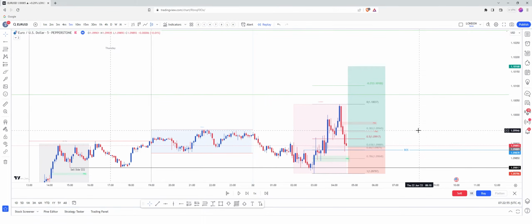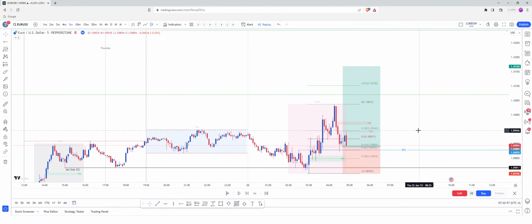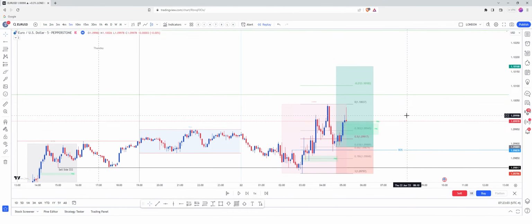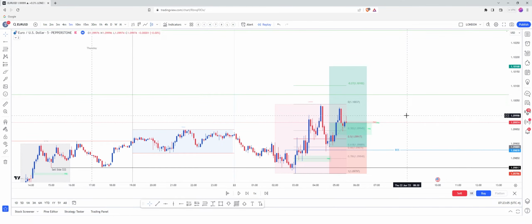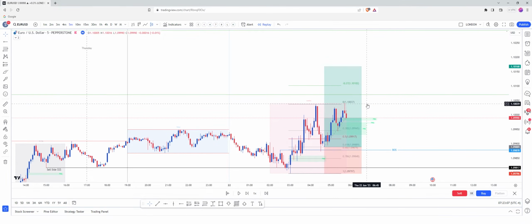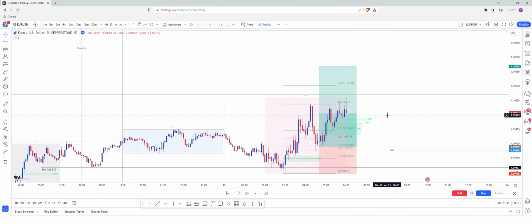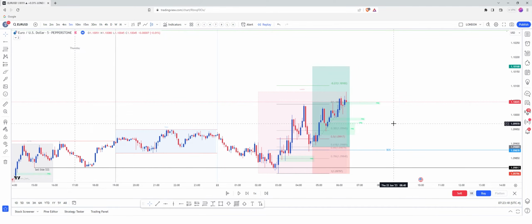So we're in the trade. We'll get a good reaction from the optimal trade entry, so we are pulling away nicely. We've come and taken the session high here. So this is where we are on guard now, because we are approaching the end of the session.